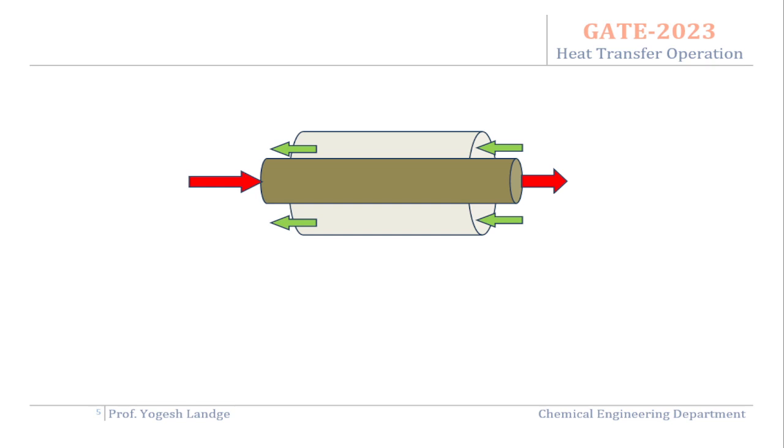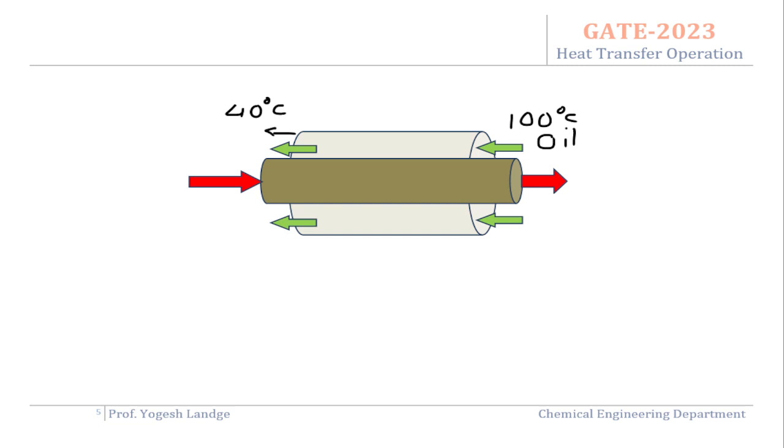From the diagram, oil is flowing through the annulus, so the oil enters here at 100 degrees Celsius and leaves from here at 40 degrees Celsius.